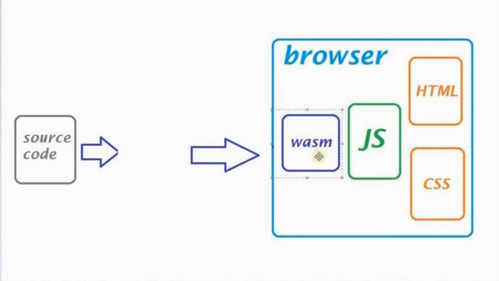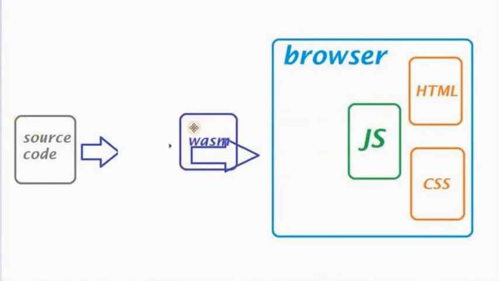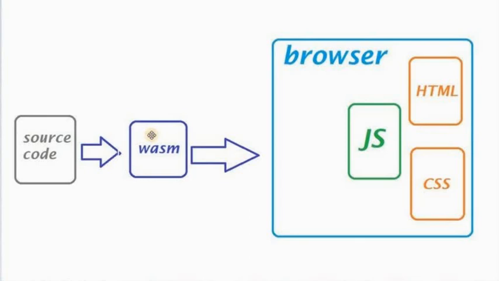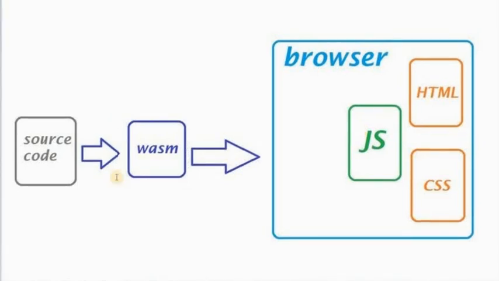So it's simple: we write our code in some high-level language, it is compiled and a WASM file is created, and this WASM file can be executed in the browser. Is it simple? Now let's talk about source code. Source code is written in a high-level language, meaning C, C++ or Rust.